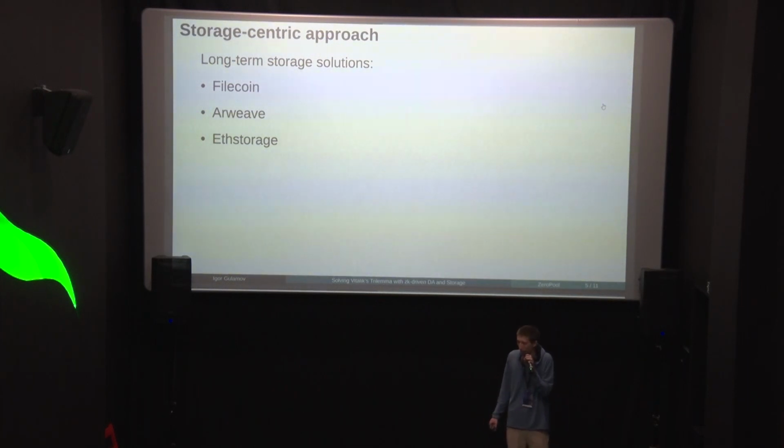But we know Filecoin doesn't provide high soundness for the data on the consensus layer. This is just a replacement for Web 2 cloud data storage. Arweave provides the soundness, but this is permanent storage, and it could be not so efficient because, for example, if our rollups produce a lot of data, we can publish the snapshot of the rollup state, and then we can forget the data before.